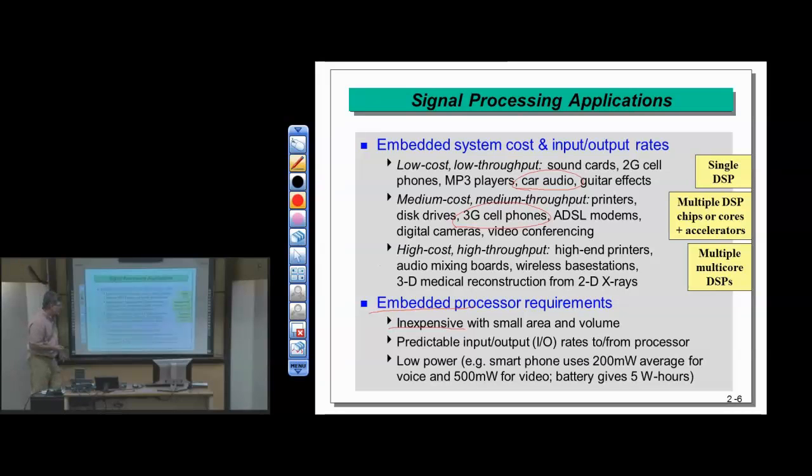Predictable input-output rates to and from processors. If you've noticed in lab, we use interrupt service routines a lot to handle data that's coming in from off-chip, and also to put data out off the chip. So reading and writing from off-chip, this is important. And so your processor has a very predictable interrupt service routine handling latency, and that's 11 cycles.